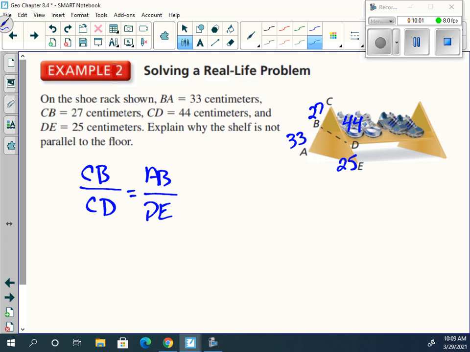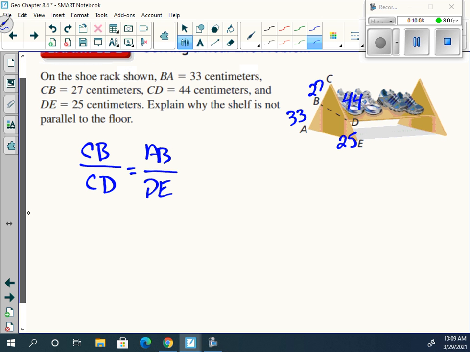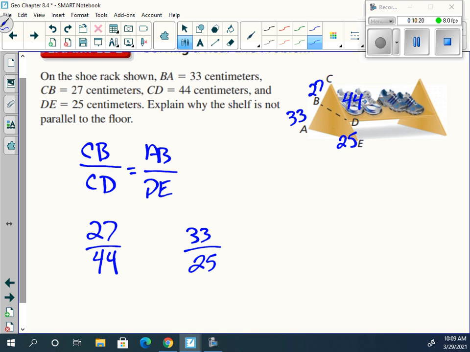Not that the measures are equal, but that they are proportional, yes? So let's see what happens. So 27 over 44 should be the same as 33 over 25.